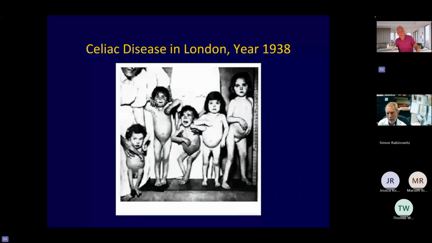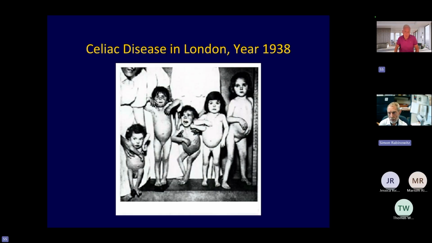And indeed, in the middle part of the 20th century, before we knew about celiac disease, these children, especially in the UK, which had, and still has, a particularly high prevalence of celiac disease, which actually, the celiac disease prevalence in the UK is actually the highest in Ireland for some reason.